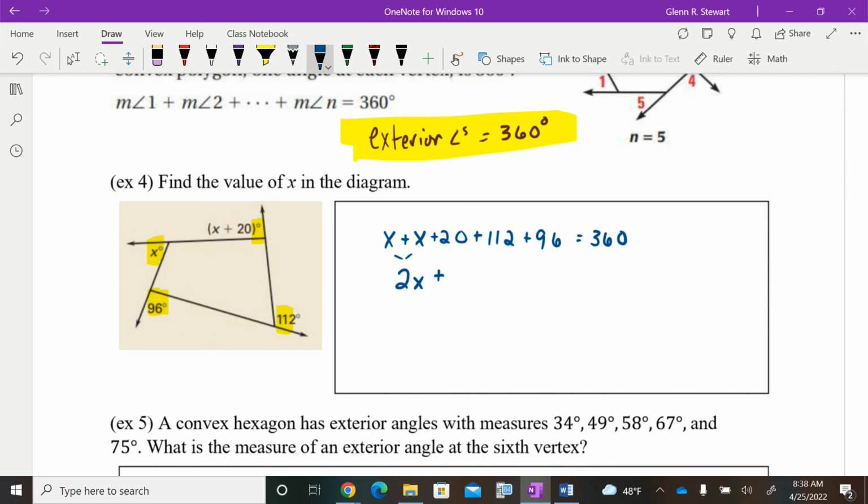20, 112, and 96 is 228. So 2x plus 228 is equal to 360. Now let's subtract 228.